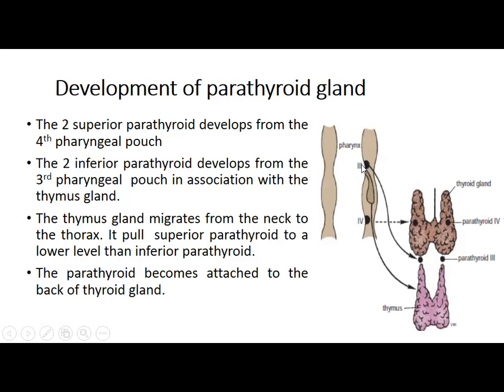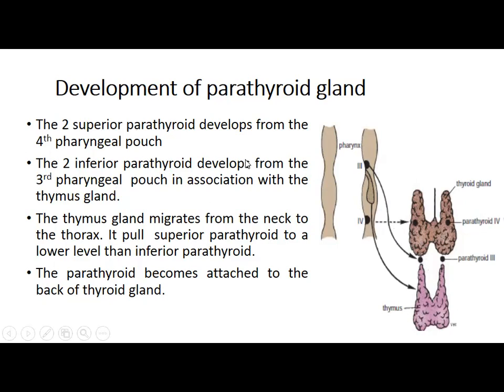Usually the third should develop into the superior and the fourth into the inferior, but here it is reversed. The fourth develops into the superior parathyroid, and the third pharyngeal pouch gives rise to the inferior parathyroid. The inferior parathyroid will develop from the third pharyngeal pouch, descend downwards, and go to the posterior border.